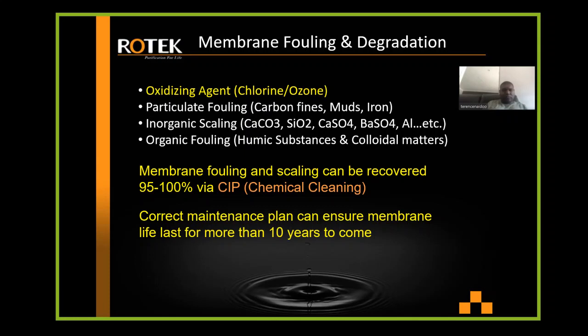Those particles can foul the membrane very quickly, within 1 month, or sometimes even within days. So if your customer is having a membrane fouling problem within 1 month, particulate and organic fouling are the most possible reasons for this fouling issue.